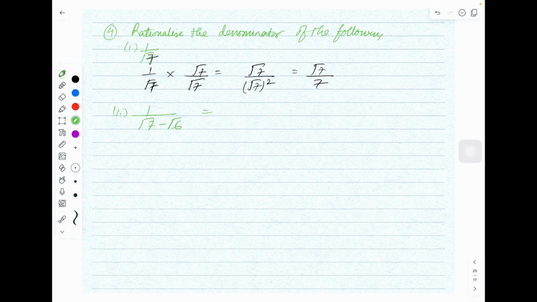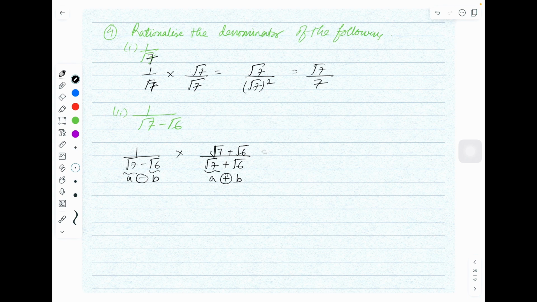Second question, 1 by root 7 minus root 6. Understood? This is A minus B. So multiply with A plus B. If you are multiplying at the denominator, you have to multiply at the numerator also.